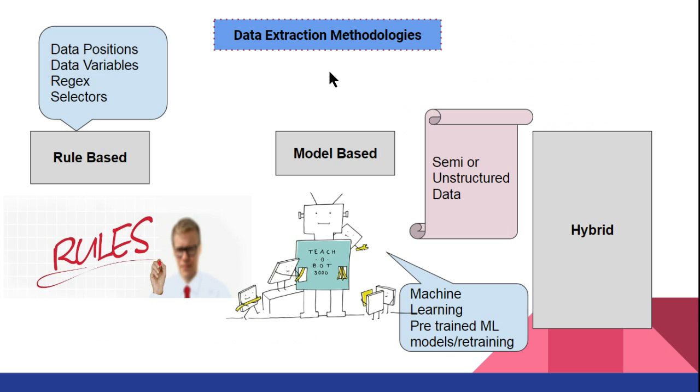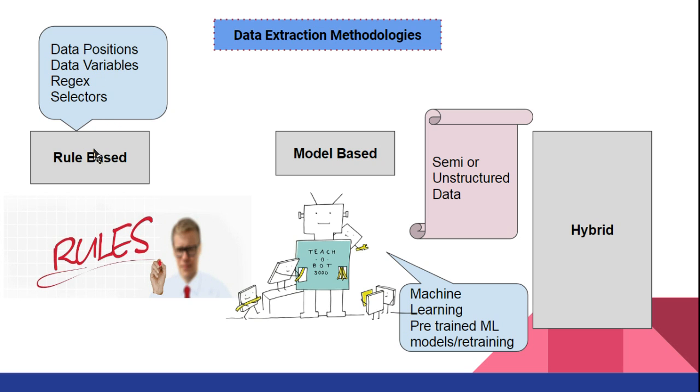Before you interpret information, before you interpret the meaning of that information, you have to extract the data from a document. The document could be semi-structured, unstructured, or structured. Structured documents are pretty clear, with key and value, name and beside it the phone number. For such documents, it is easy to go with rule based. What is rule based? Rule based means you are using a data position, an anchor, Get Text, Find Element.